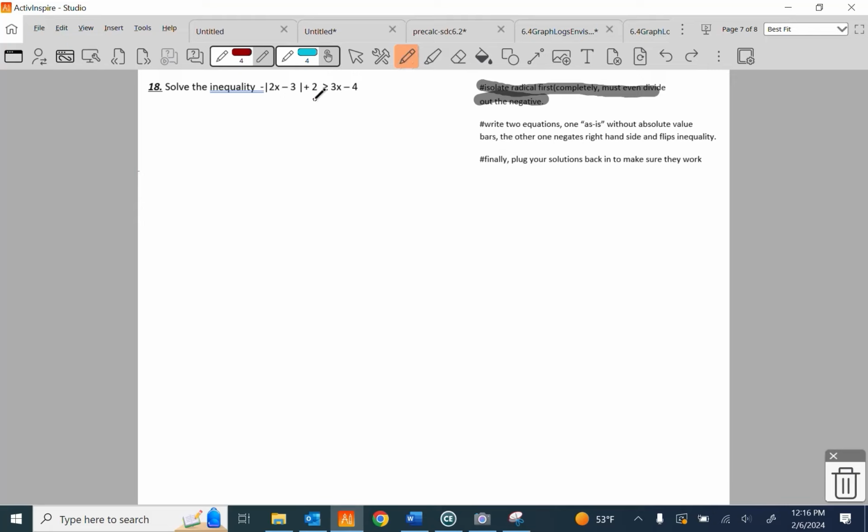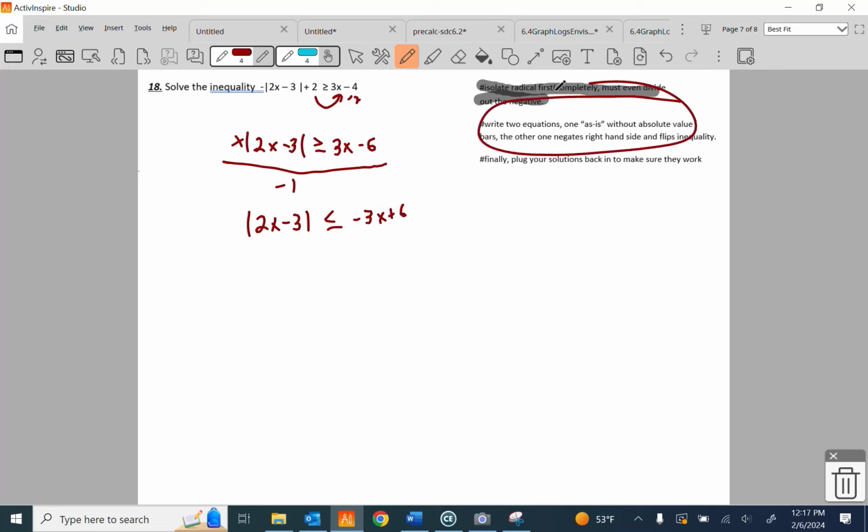I'm going to subtract 2. And -4 minus 2 is -6. Now I'm going to divide out the negativity. And that'll give me the absolute value of 2x minus 3 less than or equal to -3x plus 6. And now I'm going to write 2 equations. One of them is as is.